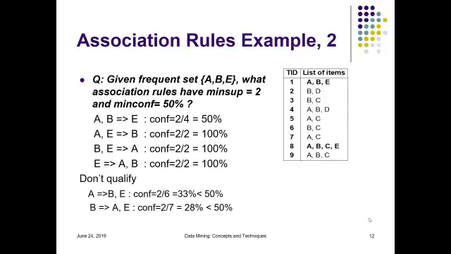The association rules that do not qualify are A association with BE, with confidence 33%, which is less than 50%, and B association with AE, with confidence 28%, which is also less than 50%. So for any given item set, we can calculate the support and confidence by scanning the available transaction database, and check whether the association rule is qualified based on the minimum support and confidence.